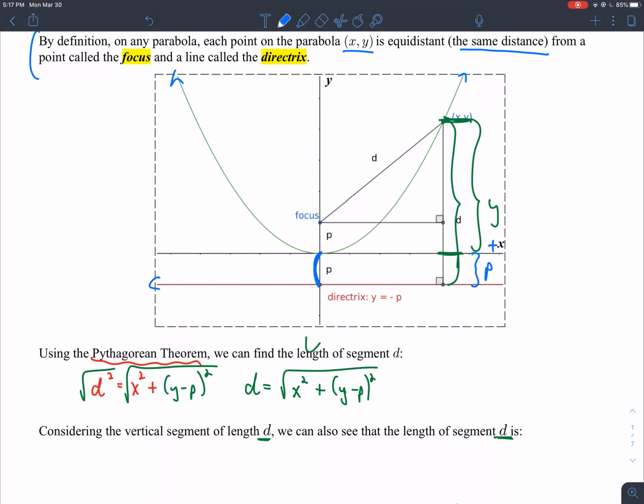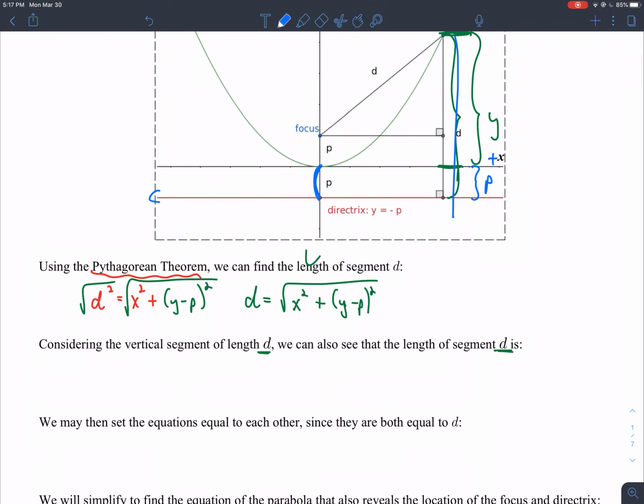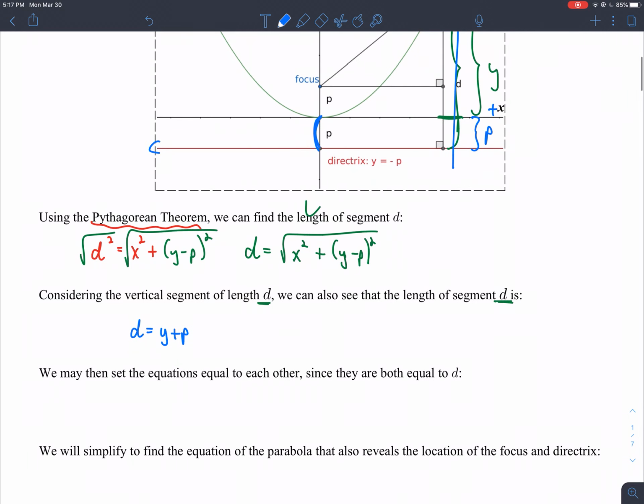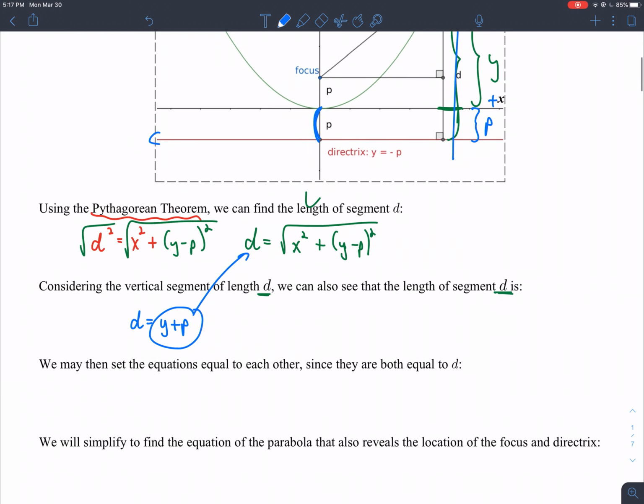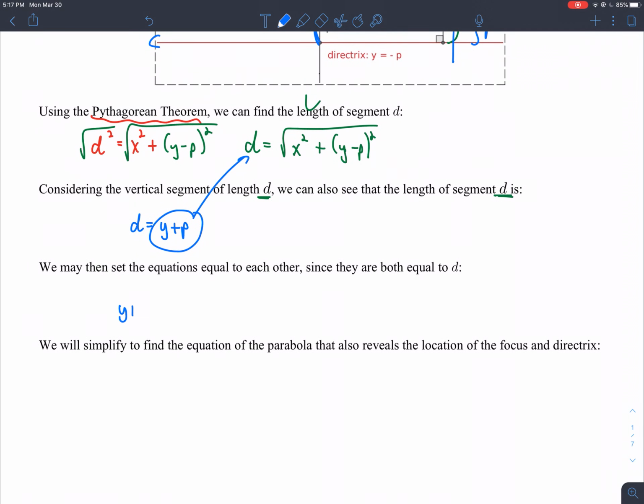So if I say y plus p, I get the length of the segment d. So d equals y plus p. Now I have two things that involve d, so I can substitute it in there for d. So y plus p equals the square root of x squared plus y minus p squared.